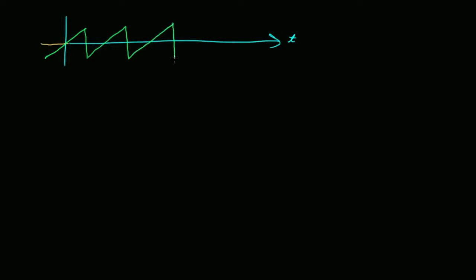All right, so here's x of t. Here's t. And you want the period to be 2 pi? Okay, fine. If the period is 2 pi, this is 0. What number is this? That better be pi, right?